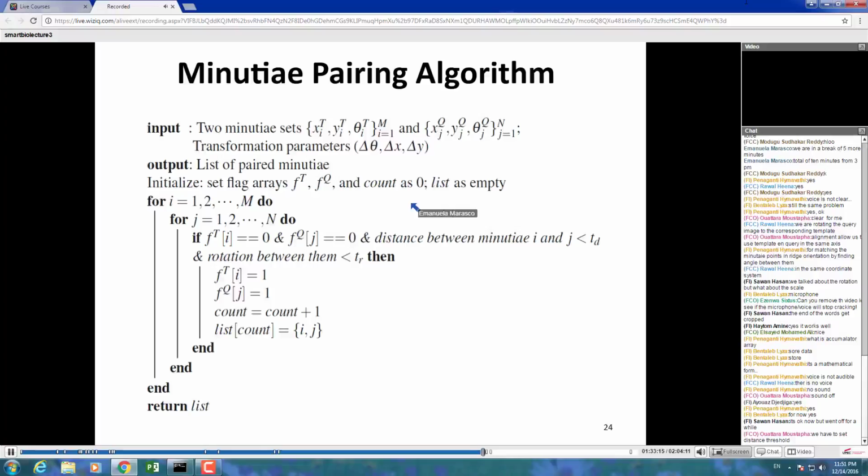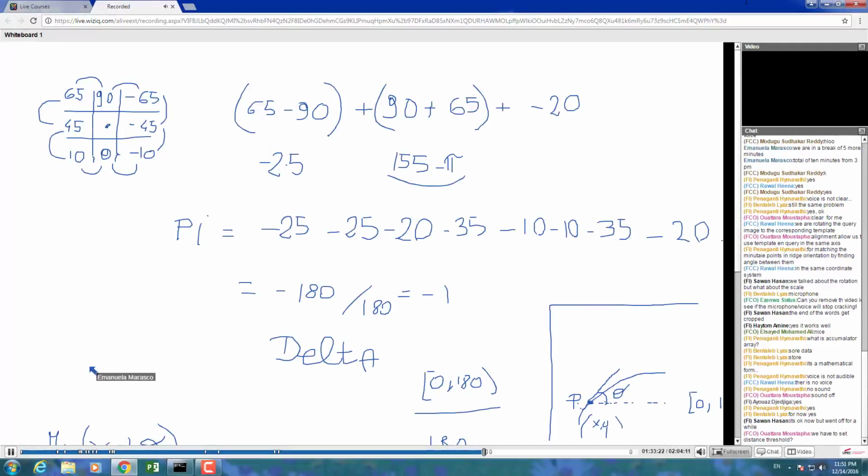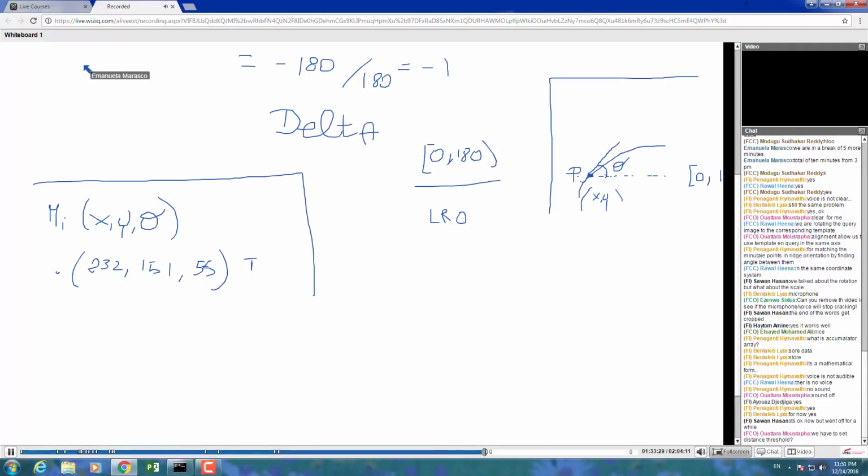Once we want to compare the minutia, we need to consider a distance threshold to measure if the distance is small enough so that they can pair, and a rotation threshold in terms of angle to see if they are not rotating too much.